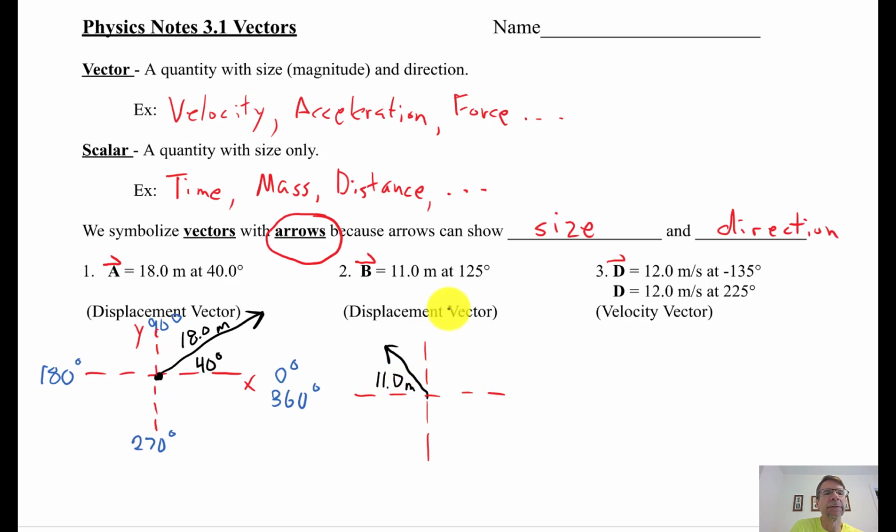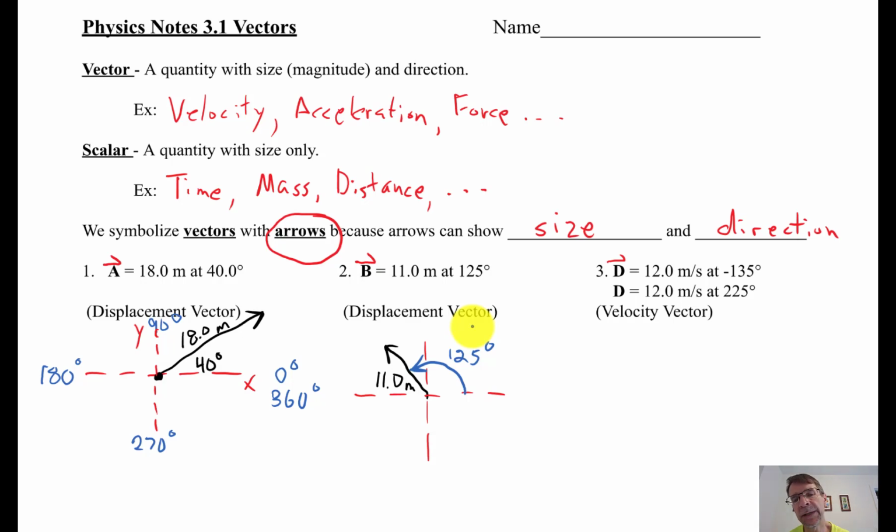The angle from the positive x-axis, that blue arc I drew there, is 125 degrees. It represents going 90 degrees to the positive y plus another 35 degrees, roughly 125 degrees. I'm also drawing my vector about half as long as 18, maybe a little bit more than half. I'm not measuring these off, just getting them close, because I want to compare those two vectors.